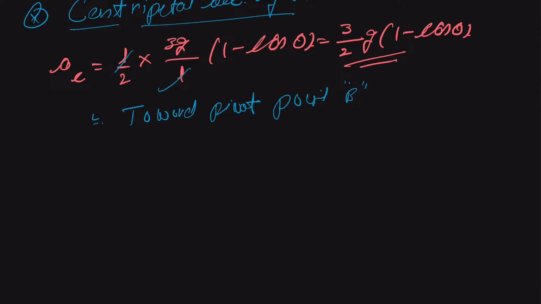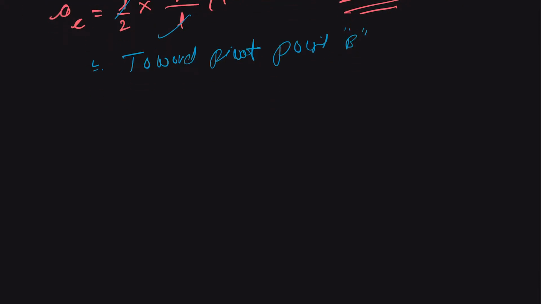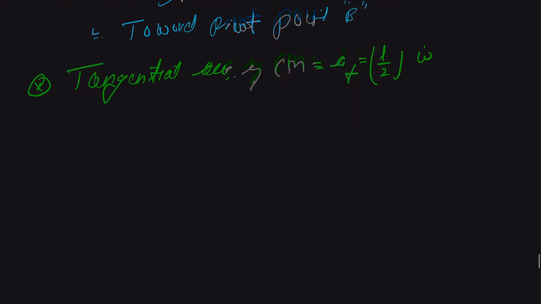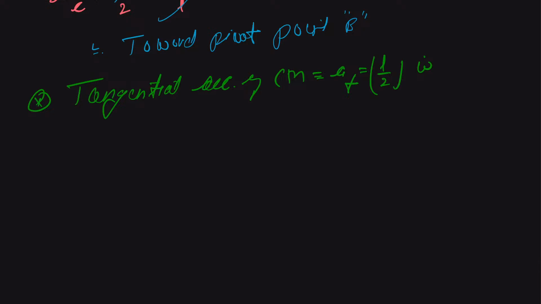And we can also find out the tangential acceleration of the center of mass, so we simply differentiate with respect to time. Let us call this A of t, and A of t we know is our perpendicular distance, that is L by 2, times the first derivative of our omega. We already know our omega, so we simply calculate its derivative.